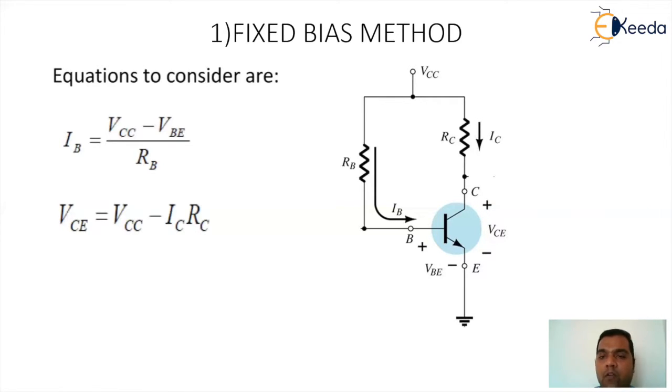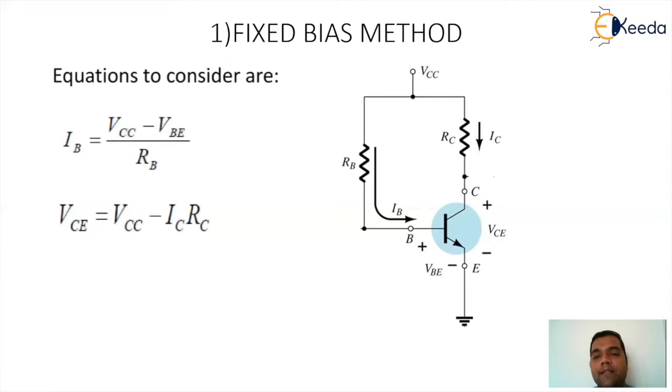Using this, we can also find the different terminal voltages. If I want to find the base voltage VB, when I say VBE, it is the potential difference between the base voltage and the emitter voltage. Since the emitter terminal is directly grounded, the emitter voltage is 0, so VBE is equal to VB.